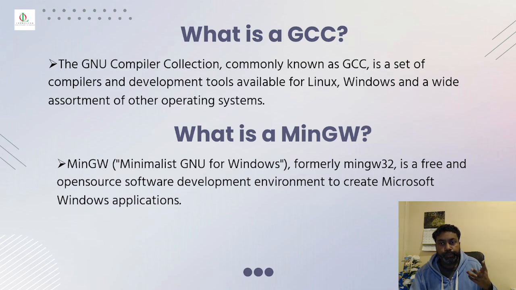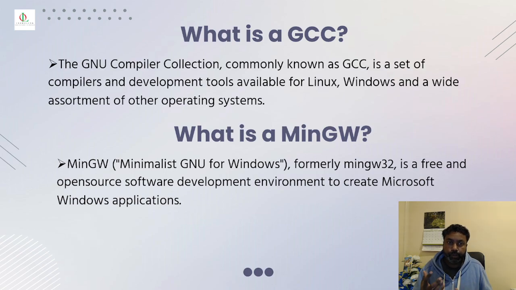There are two technical terminologies that you have to understand when you do the host machine compilation to the embedded processor, the target compilation. For the target compilation to run in the host machine, you need a GCC.